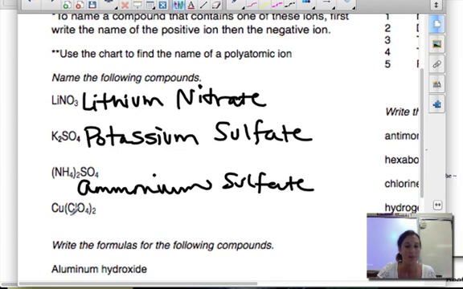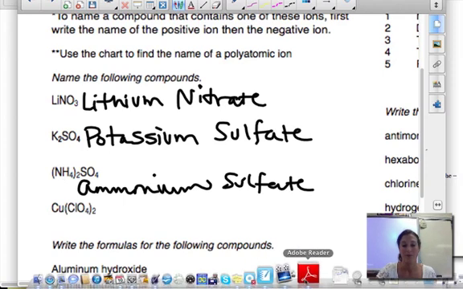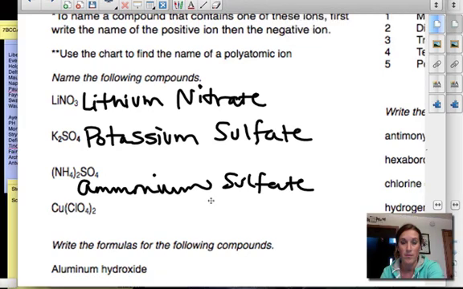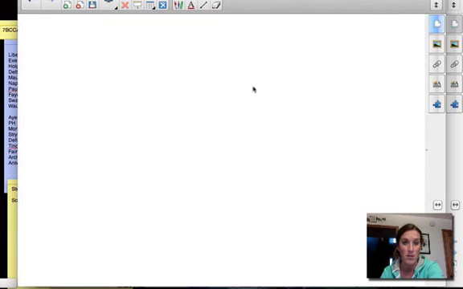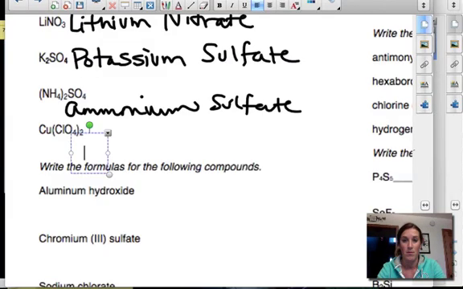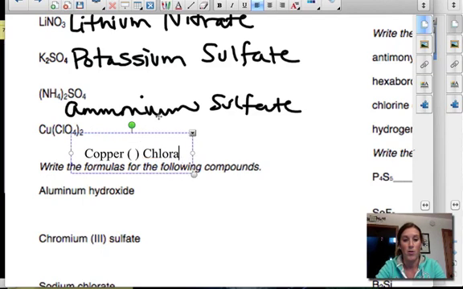Now next, CuClO4-2. All right, this last compound is copper chlorate.